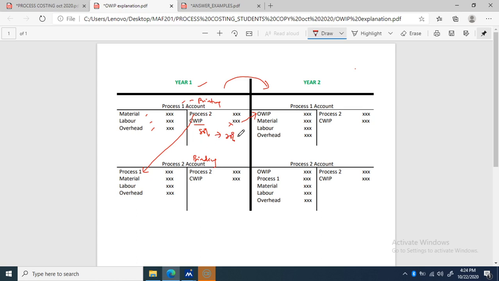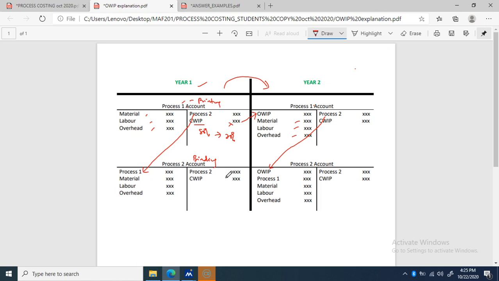So in year 2, the uncompleted printing will continue again in process 1, in the printing department, to complete the balance of another 20%. So we need more material, labor and overhead. At the end of the period, the completed units will transfer to P2.